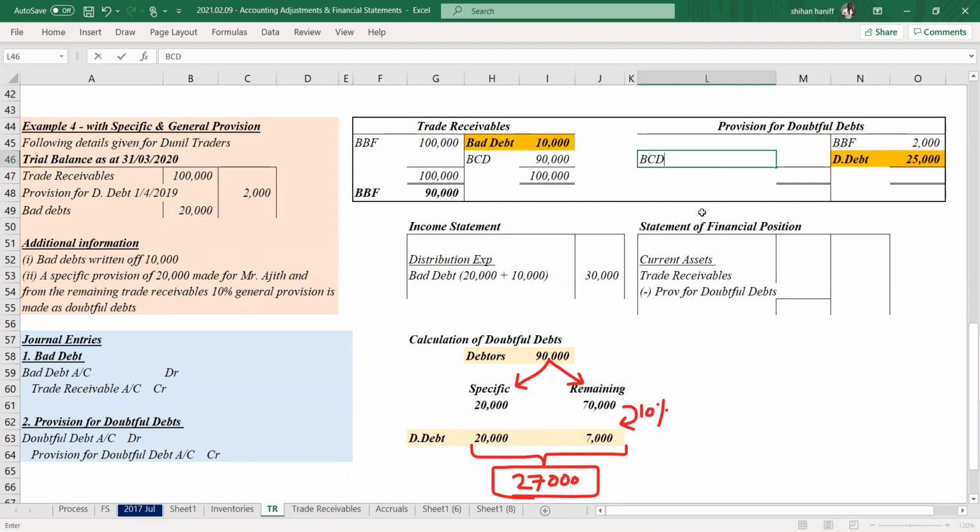Then the closing balance is 27,000. Then the expense, doubtful debt, 25,000. Okay, so bad debt is 10,000.